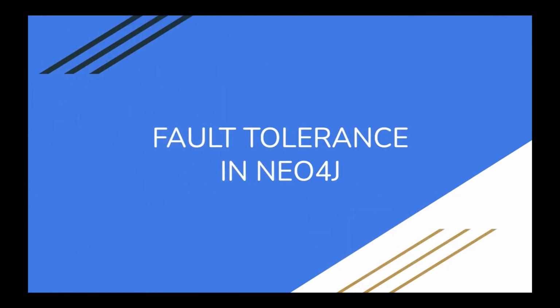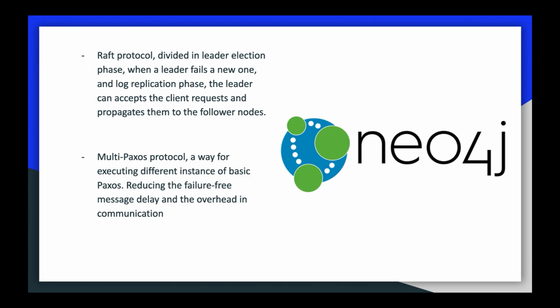Now we dig into more detail on some of the most famous and used NoSQL distributed systems. The first one that we want to analyze is Neo4j. Neo4j is an open source, Java-based, scalable graph database management system. Searching in the literature, we have found two methods for fault tolerance and so leader election.